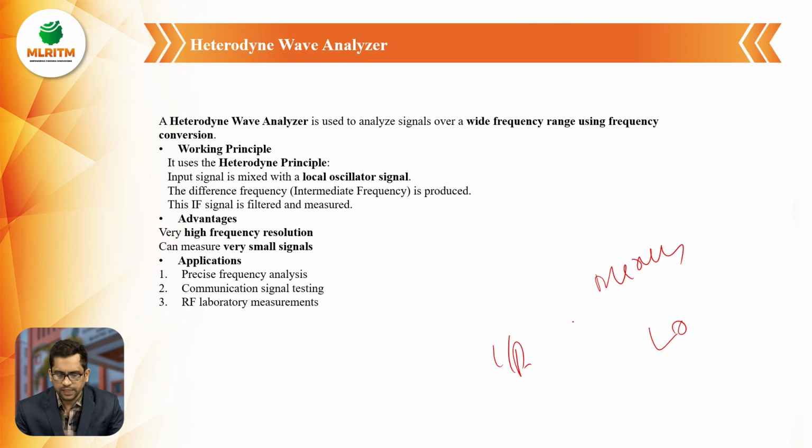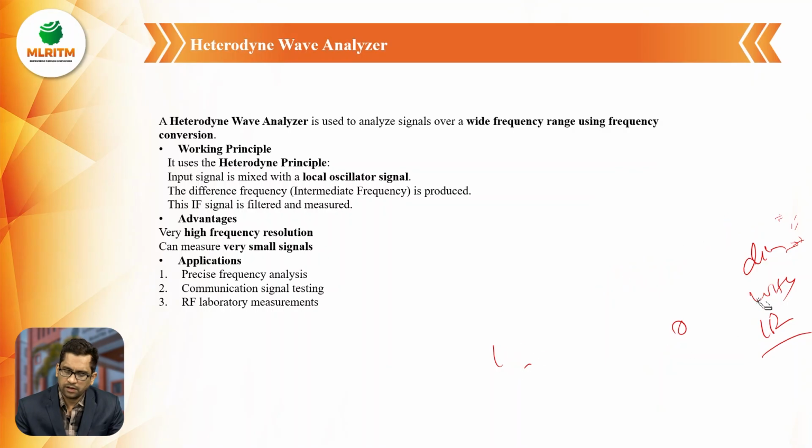These two input signals are mixed in the mixer and produce a different signal in the IF range. This IF component is given to the IF amplifier and finally given to the detector and meter circuit.